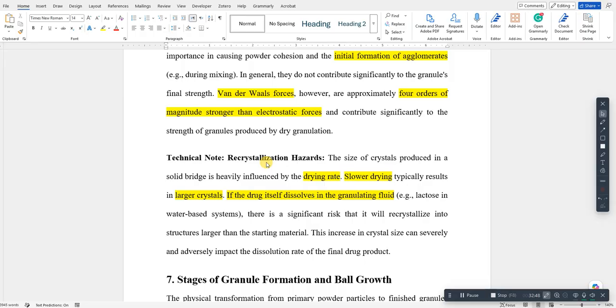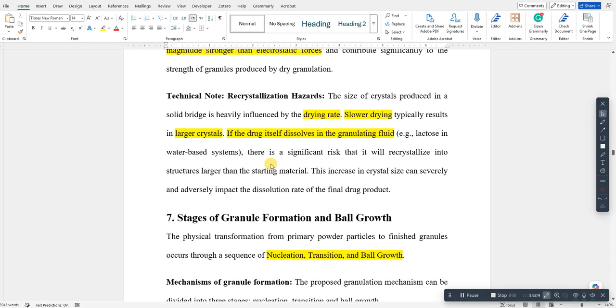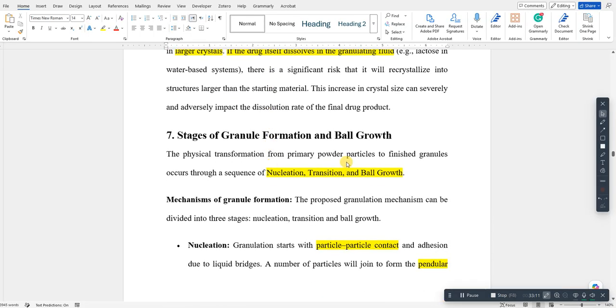If you are adding a liquid that dissolves the API, your active pharmaceutical ingredient, then drying can affect the crystal size, and this can affect the dissolution of the granules and the tablets if you are making tablets out of the granules.